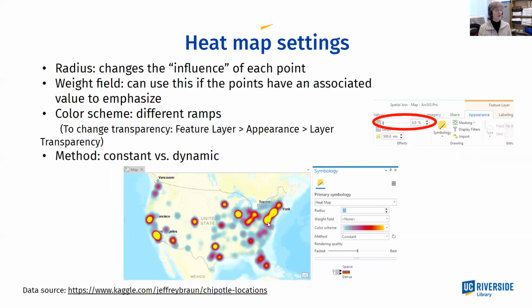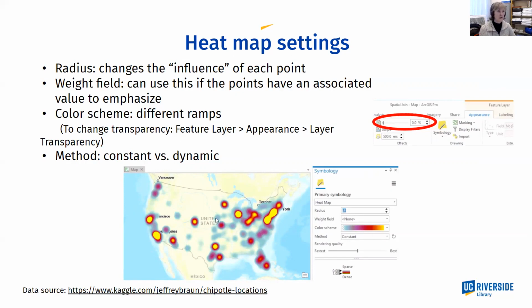Maybe it's interesting to know that this looks pretty dense for the Northeast on the number of Chipotles. But if you're a manager for the corporation, you'd want to know how much money they are generating, that kind of thing. So if there's a monetary value, that could also be represented in the heat map as well as the locations themselves. And again, you have a choice of color schemes.